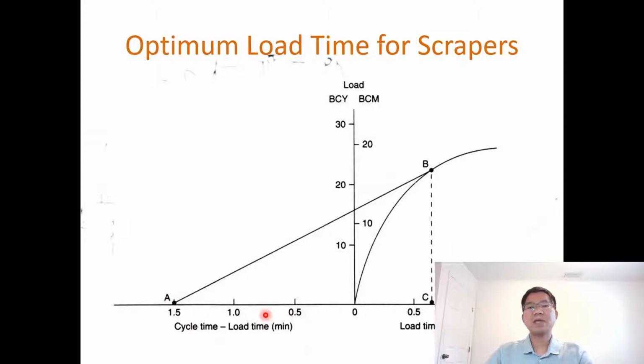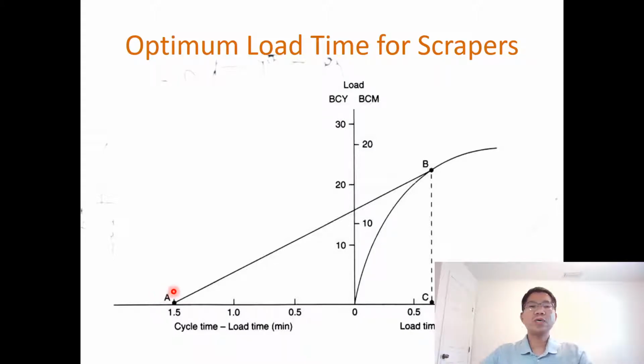Whatever the load time, the total cycle time includes the fixed time we talked about earlier: spot, maneuver, dump. Those are the fixed time, plus the travel time, which is hauling during the load time, and the return empty. So those are the travel time. The total cycle time minus load time gives you O to A, which is cycle time minus load time.